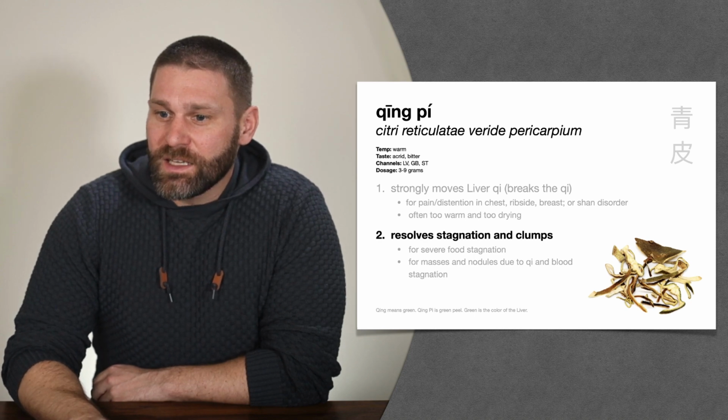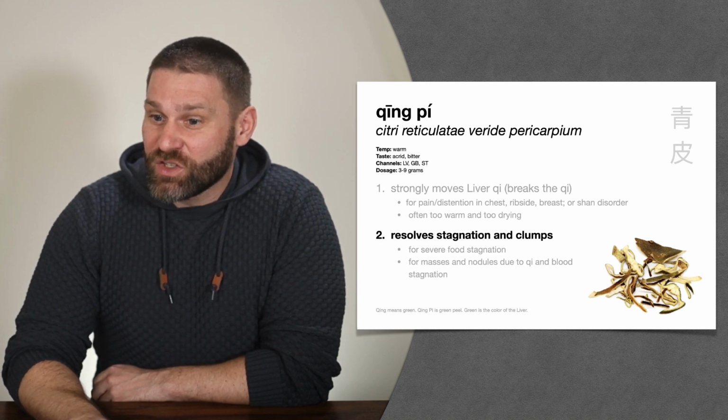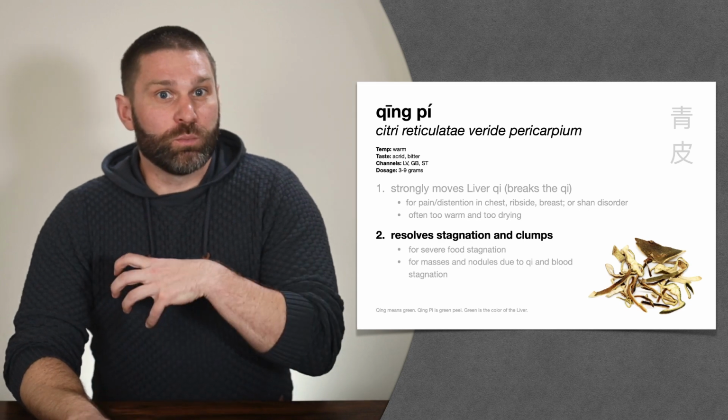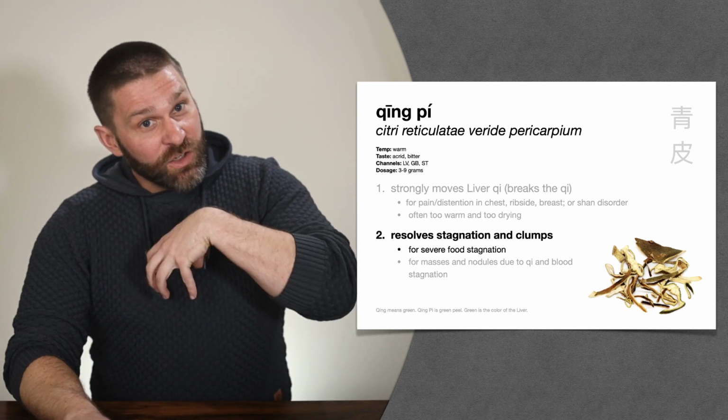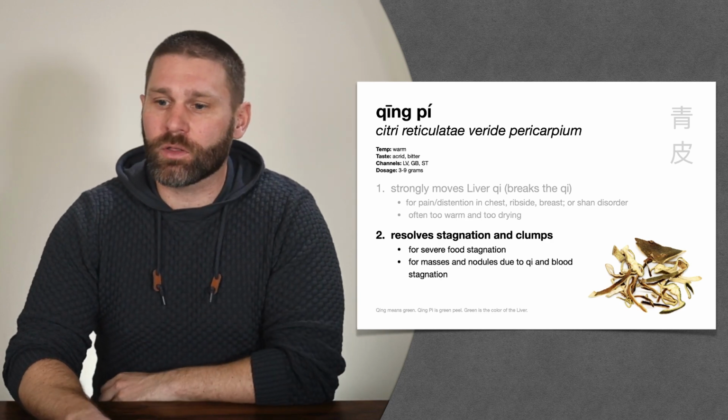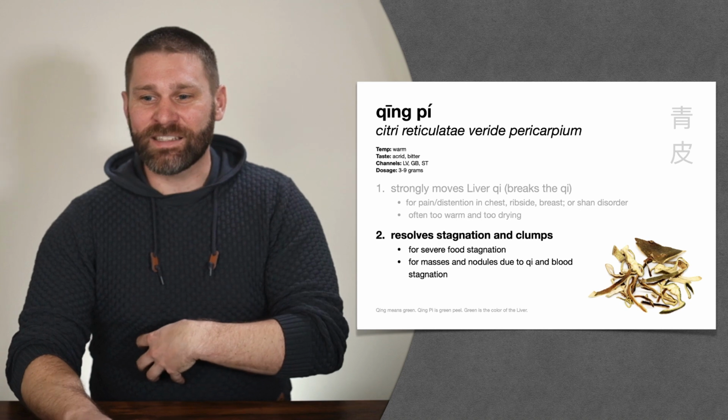We also say that Qing Pi resolves stagnation and clumps, and this is part of its breaking the qi, its strong movement. So it's for severe food stagnation, it can break through that and push it through, or for masses and nodules.